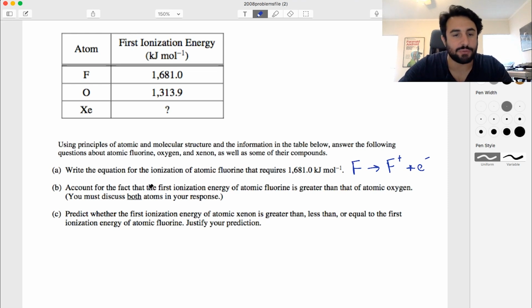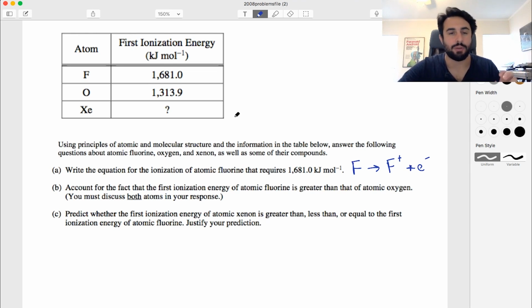Now we want to account for the fact that the first ionization energy of atomic fluorine is greater than that of atomic oxygen. So fluorine and oxygen are in the same period, right? Oxygen is 8, fluorine is 9, and then we have neon, and fluorine is further to the right. So we know as we go to the right along a period, a few things happen.